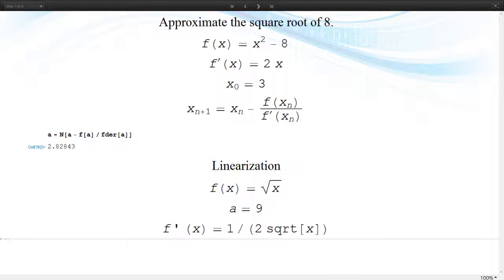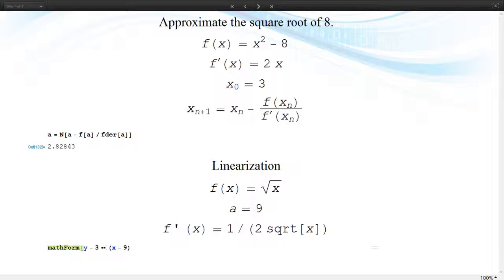And so we get our line. Our line is going to be y minus 3, because when we plug B into f, we get 3. That's the y value of our point. And then we have x minus 9. And then we have to figure out what the slope is.